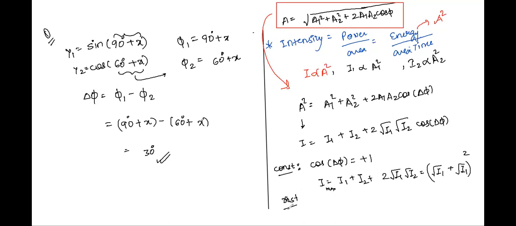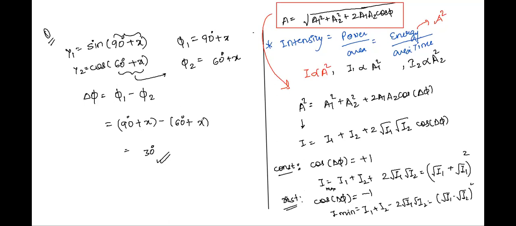Whenever destructive interference is taking place, cos of delta phi is equal to how much? Minus 1. Therefore, minimum intensity will be I1 plus I2 minus 2 under root I1 I2, which is under root of I1 minus under root of I2 whole square.